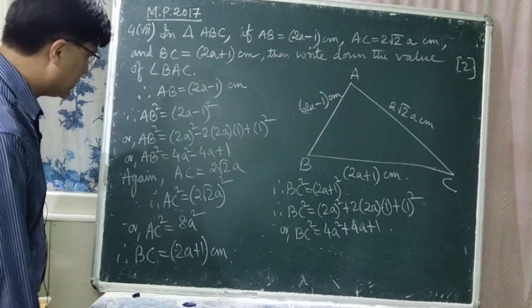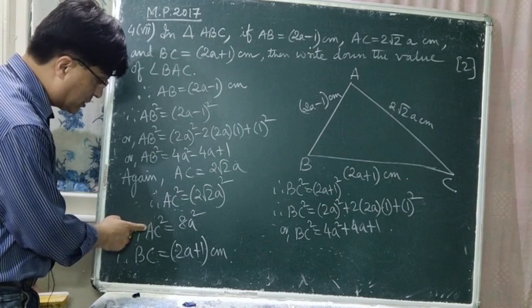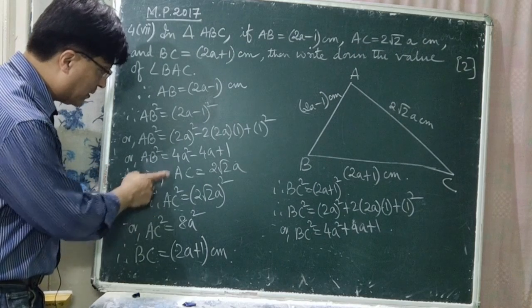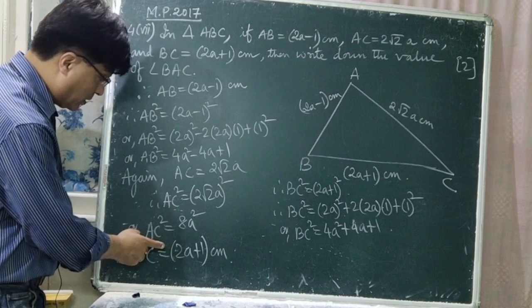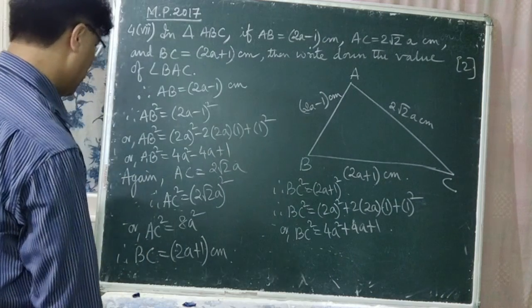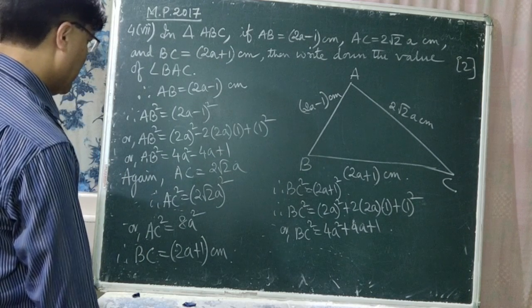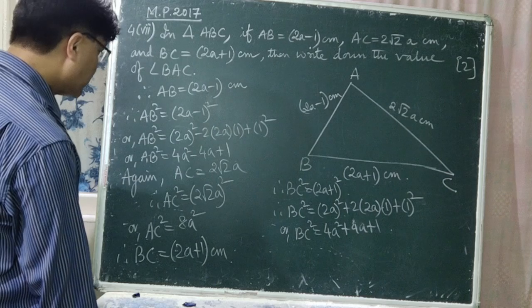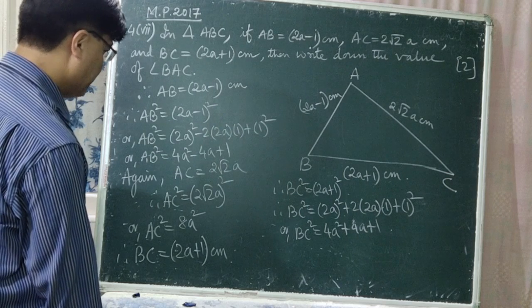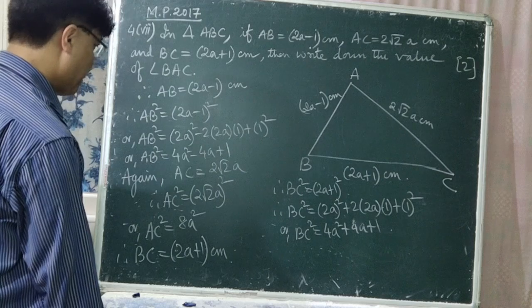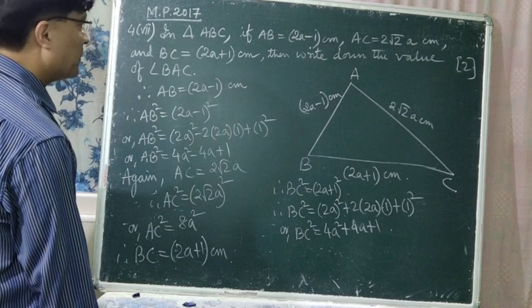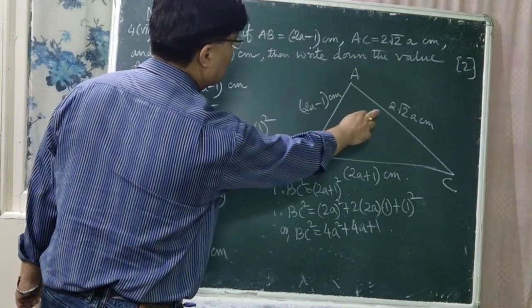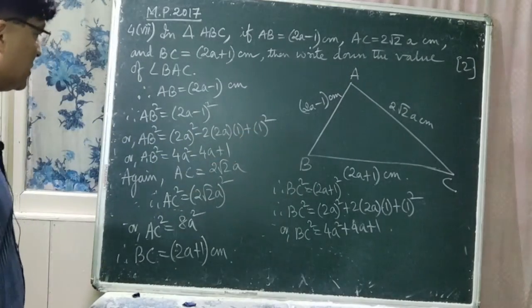Now here in this case, if we add AB square plus AC square, let us check. AB is 2a minus 1, AC is 2 root 2a, and BC is 2a plus 1 centimeter.